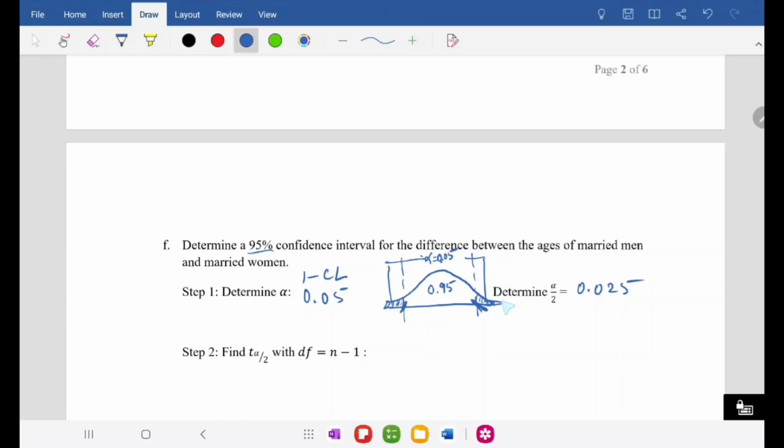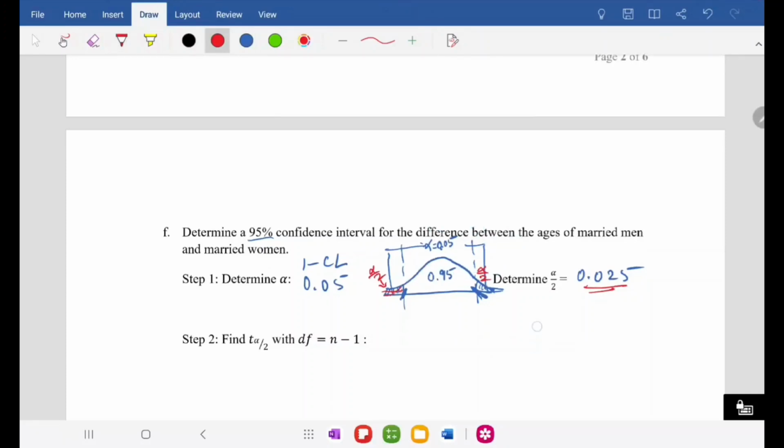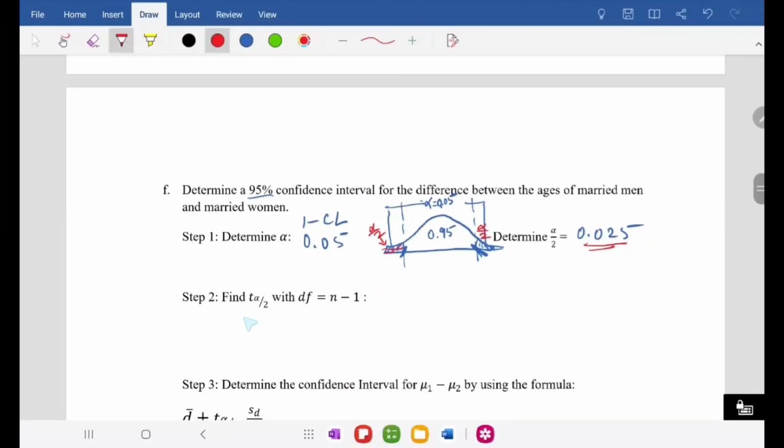However, the area on each side, on each end of the curve, of the interval, is going to be alpha by 2, which in our case is 0.025. Alpha by 2 is the area on each side. You have to divide alpha equally into 2. That's what it is.